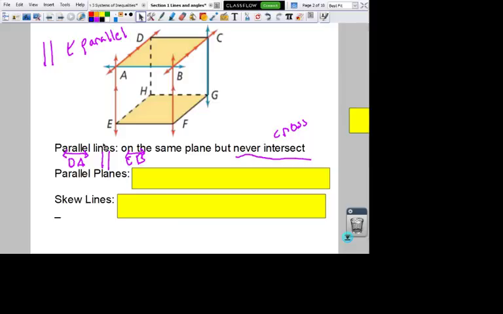Alright, we're also going to look at parallel planes, which are basically the same thing, but they are planes that never intersect. Remember, a plane is kind of a flat shape. So plane DAB on the top here is parallel to plane HEF on the bottom. Those never cross.